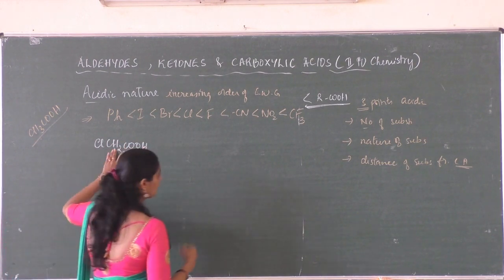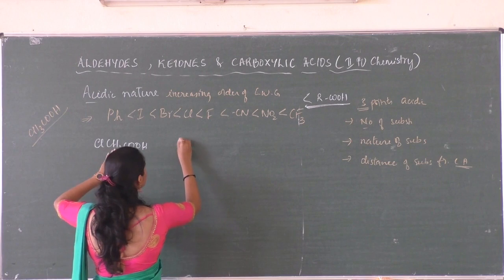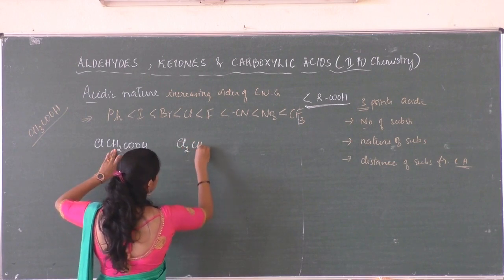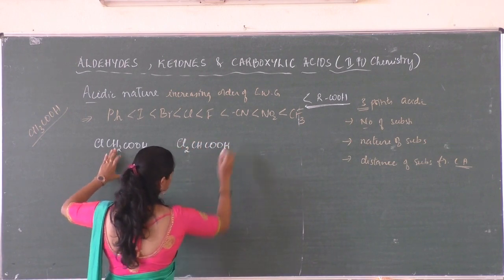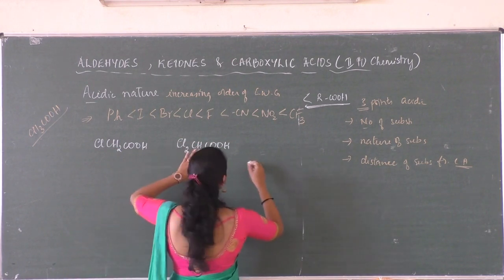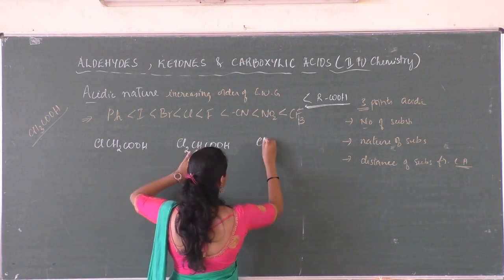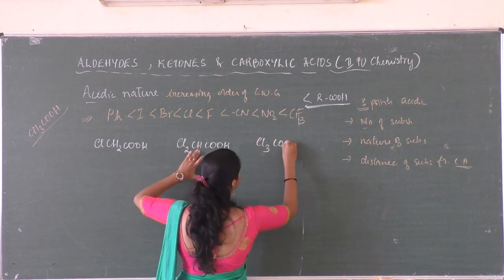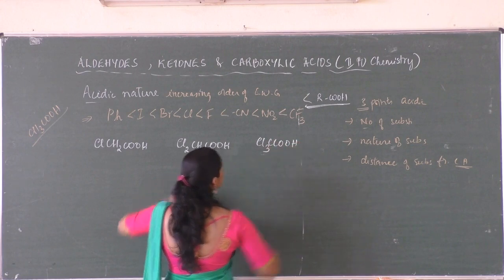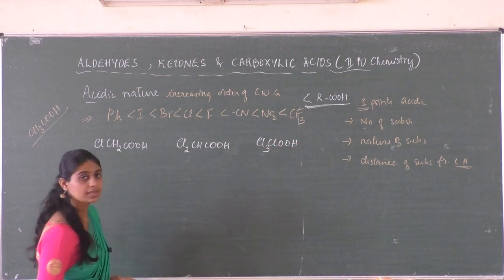Then I replace one more hydrogen with the chlorine, so it forms Cl2CHCOOH. And lastly, one more, I'll replace the last hydrogen, so it forms Cl3CCOOH. Clear? Correct?